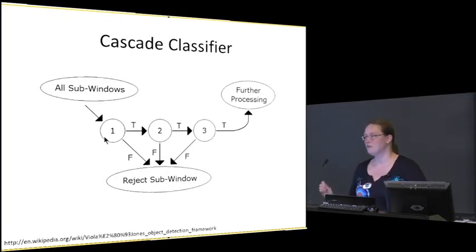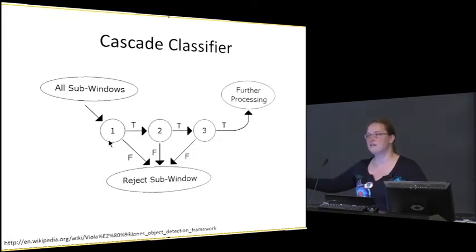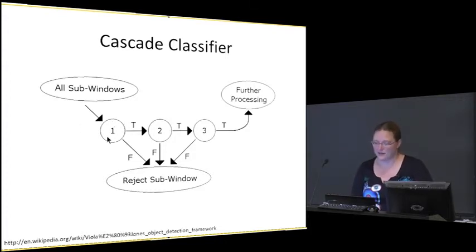And the gain you have is that the next classifiers don't even have to look at it anymore. If the first classifier said this for sure is not a face, then the others don't even bother to look further at that image patch. And only if this one says yes, it's a face, then the next one looks at it and says, yes, I also believe it's a face, and the next one looks at it. And because most patches in an image actually are not faces, that makes it so fast.